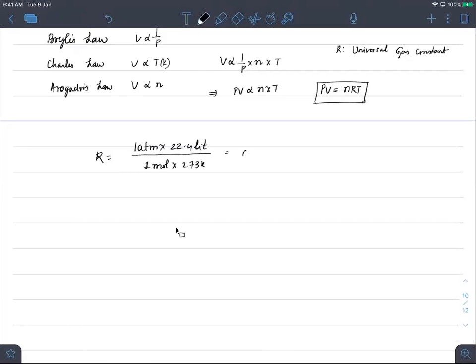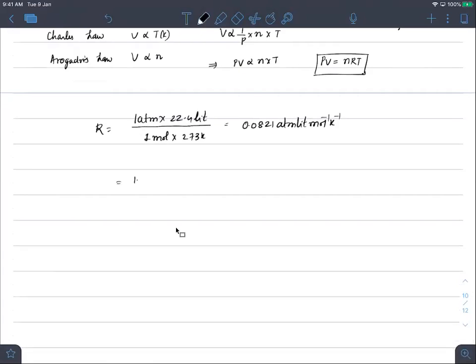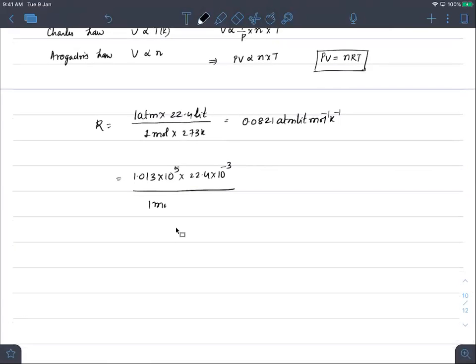So I'll get the answer as 0.0821 atm liter per mole per Kelvin. If I convert these units, atm into pascals, then it will be 1.013 into 10 raised to the power of 5, and volume in terms of meter cube, same 1 mole and 273 kelvins.